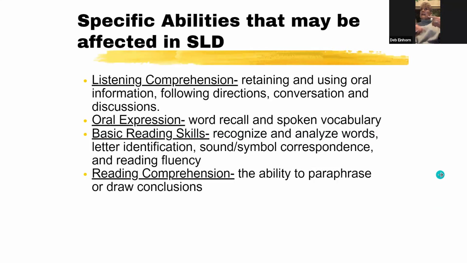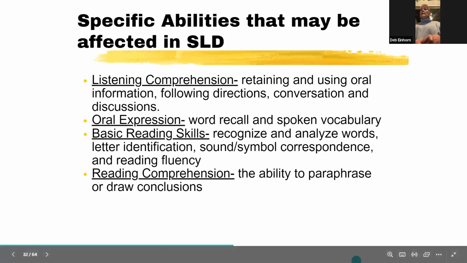Either it might take them a long time to understand what they've heard, and so they might need additional time with assignments or with instructions. Or they might have difficulty with word recall in making conversation or in discussions. So that is a listening comprehension disability.